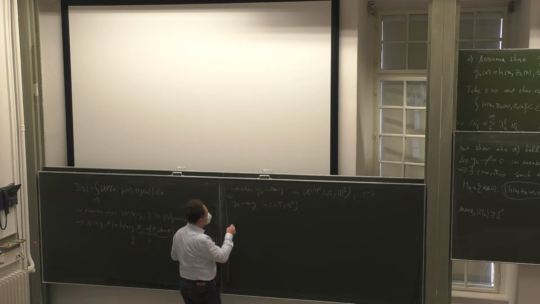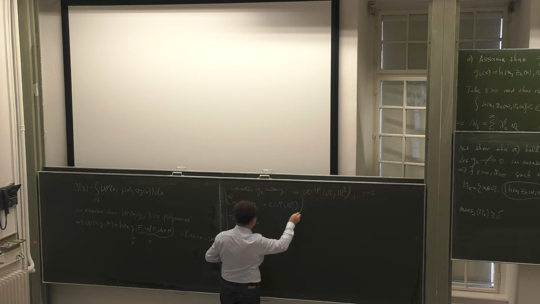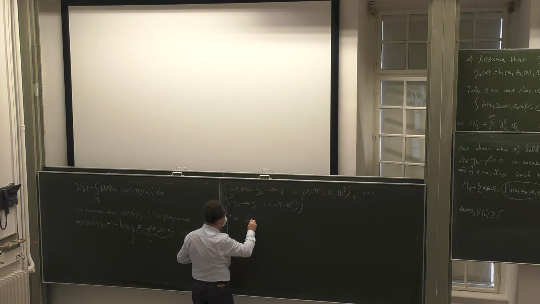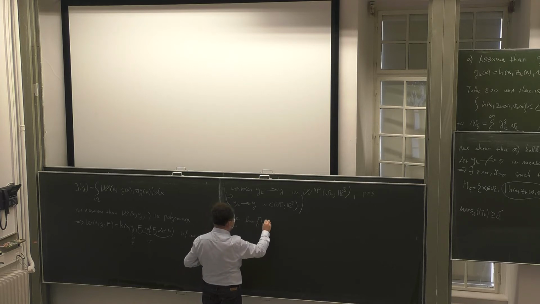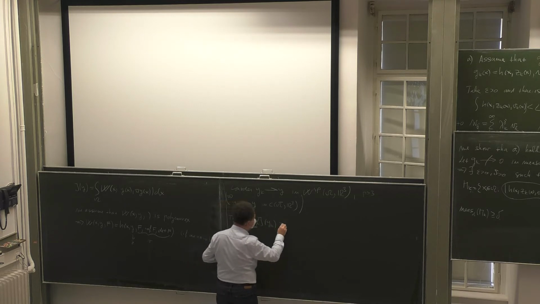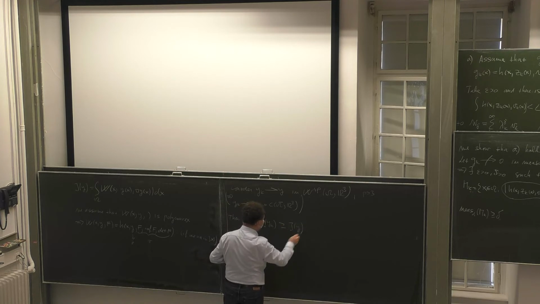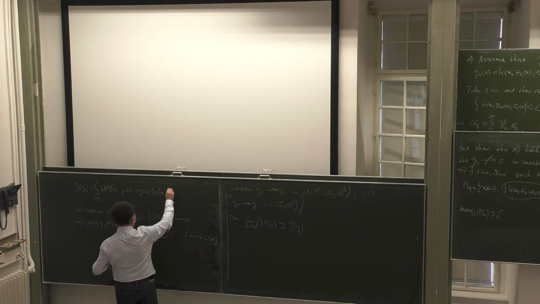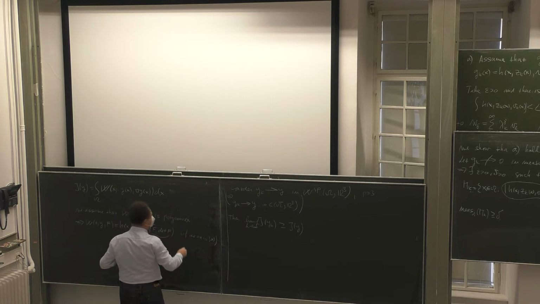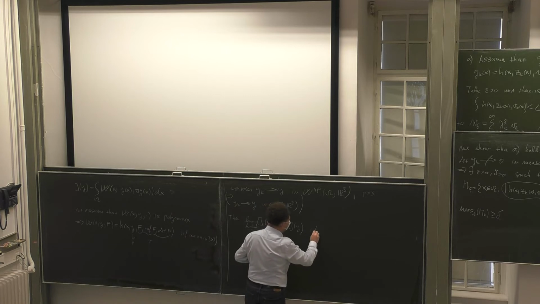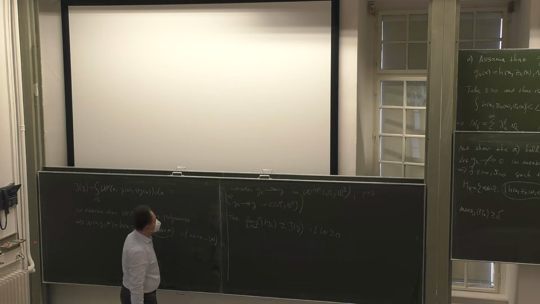And so the lim inf of J of y_k for k going to infinity is bigger or equal than J of y. And here we also have to assume that W is non-negative. So that's the result you can apply it to.